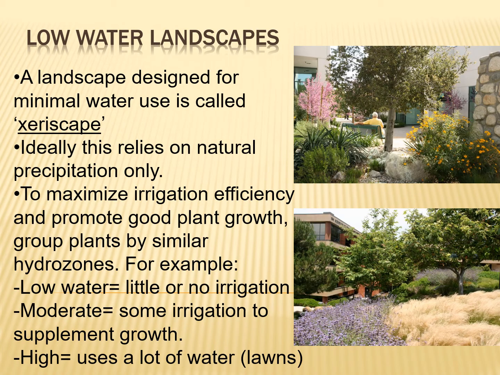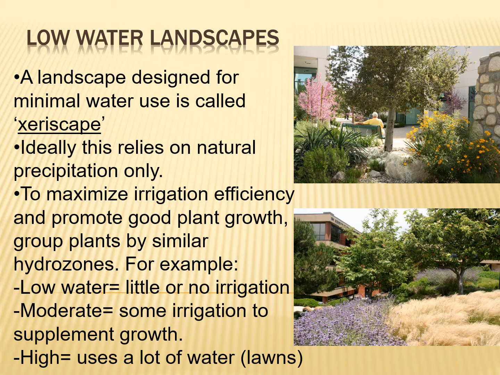To design climate appropriately in our region, we design with plants that are in sync with our water use cycle. We've talked a little bit about this. One of the terms is xeriscape. Ideally, this relies on natural precipitation only, but that's really difficult in our region.